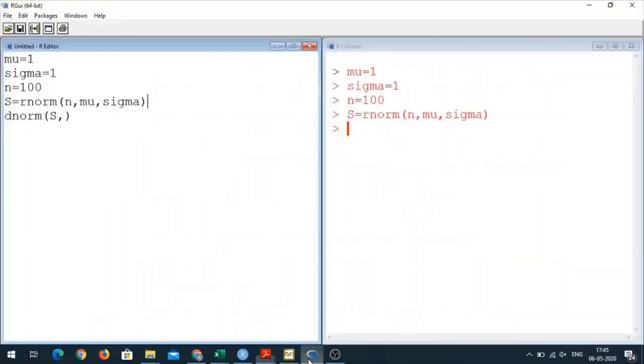Okay, so let me write the command for likelihood. So we will create a function which is a function of mu.